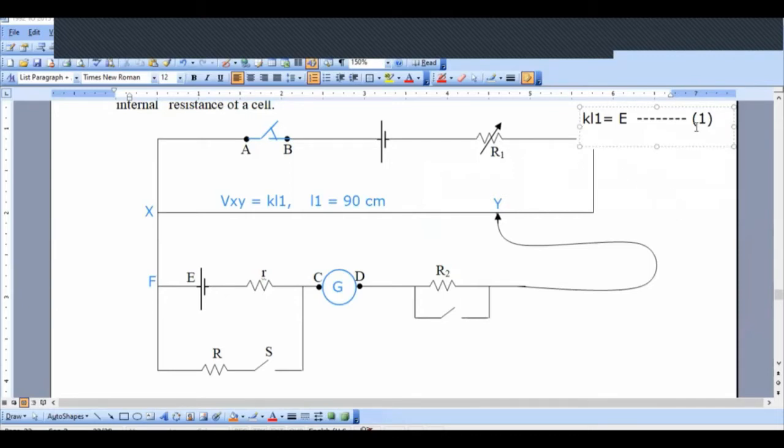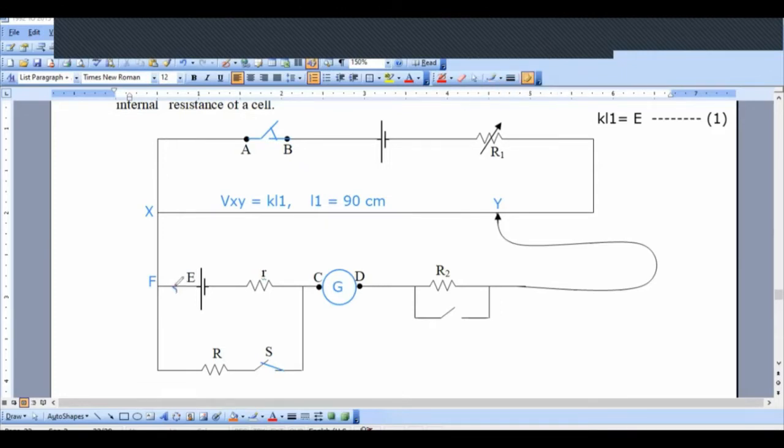Right. Now the switch S is closed. Then what will happen? Once the switch S is closed, there will be a current in this branch.